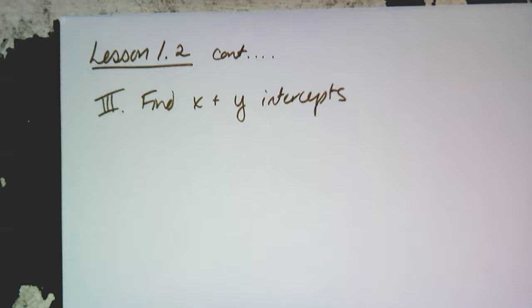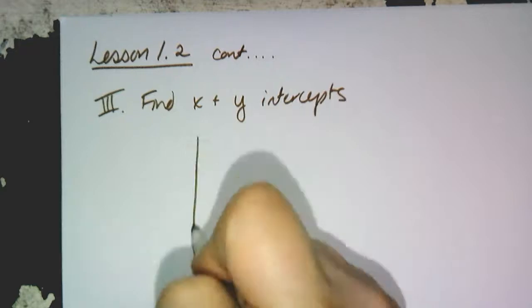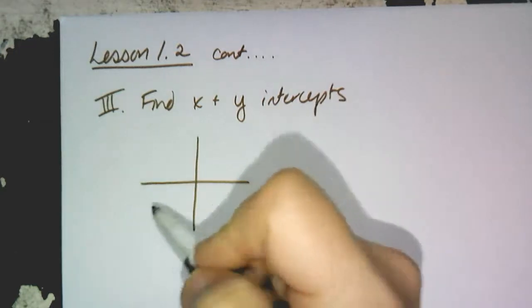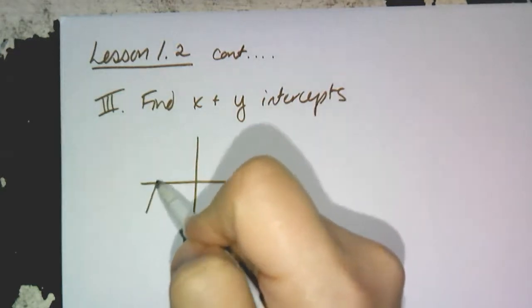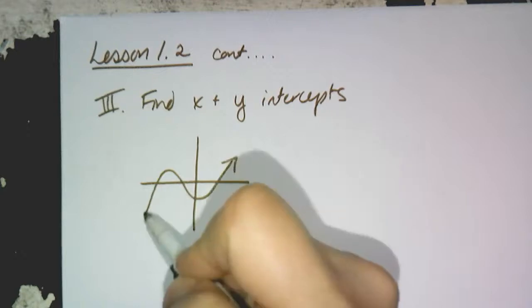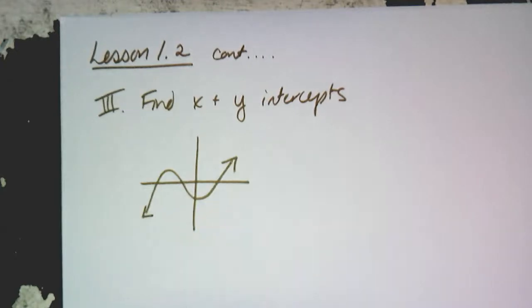All right. So I'm pretty sure most of you can find x and y intercepts on a graph. We've got to know how to do it graphically, but also algebraically. So if I give you a picture like that, how many x-intercepts would there be in this picture? 3.